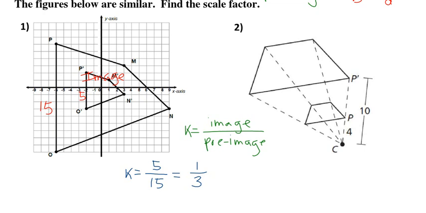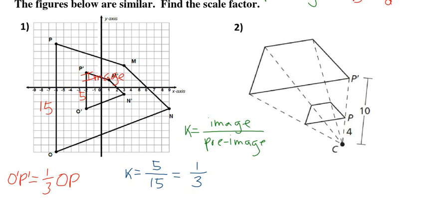That is true not only for this pair of corresponding sides, but also for all the pairs of corresponding sides. That is what the scale factor means. And that is true not only for the corresponding sides, but actually for any length.